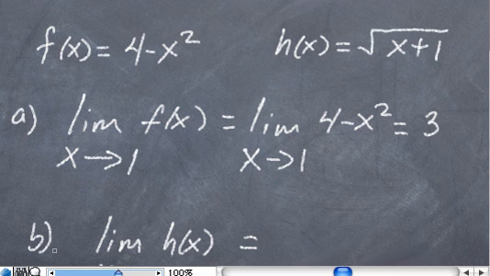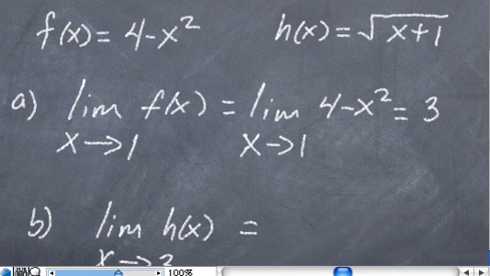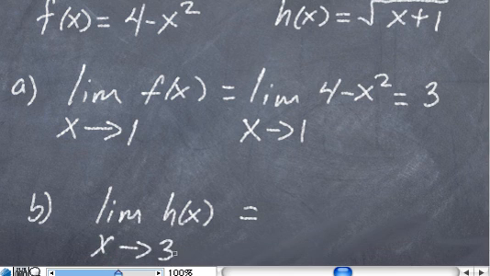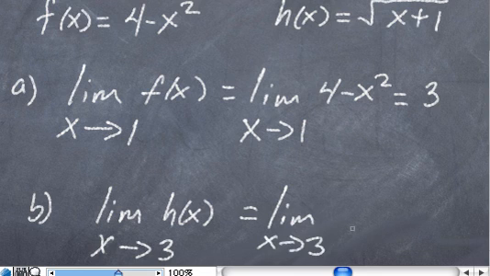Okay, let's look at this one down here. B, we have the limit of h of x as x approaches 3, and of course our h of x up here is defined as the square root of x plus 1. So we have the limit as x approaches 3 of the square root of x plus 1.